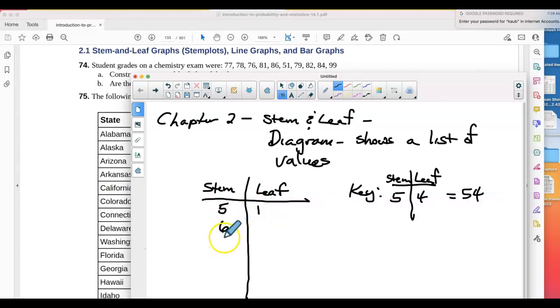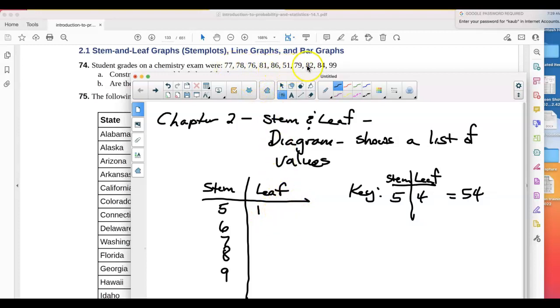We have 70s next, and then we have 80s and 90s. So the stem is going to be that part of the value, and then the leaf is going to be the ones. This represents 51. If we had a 52, we put a 2 right after this. If we have a 53, we put a 3 after that. But we only have one 51.